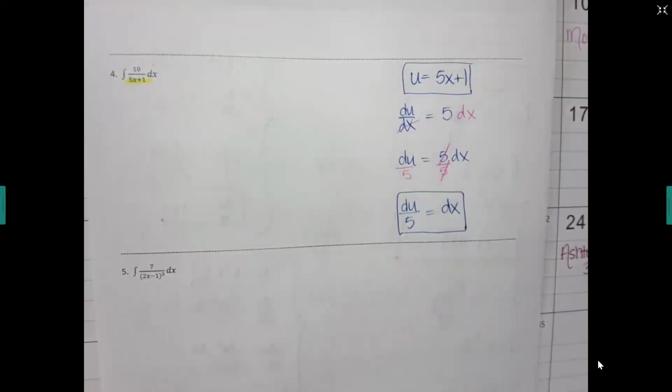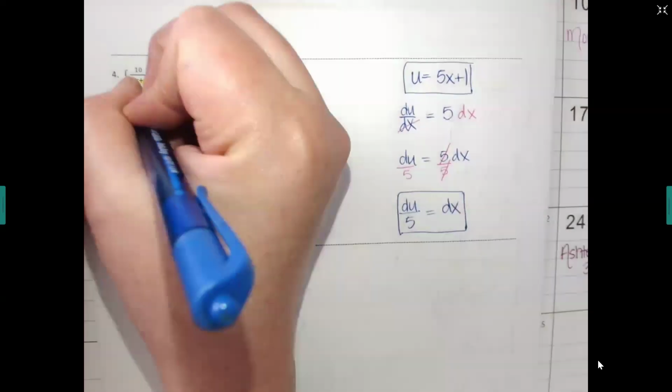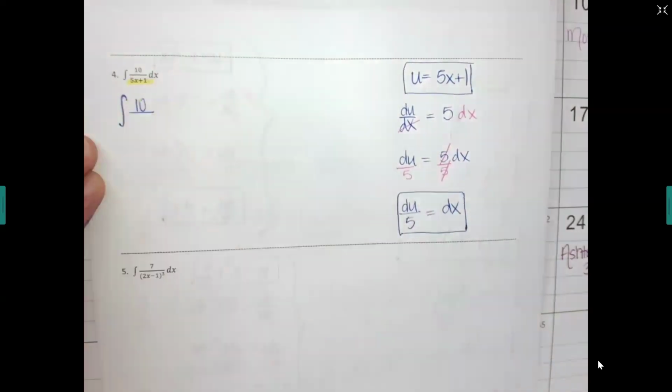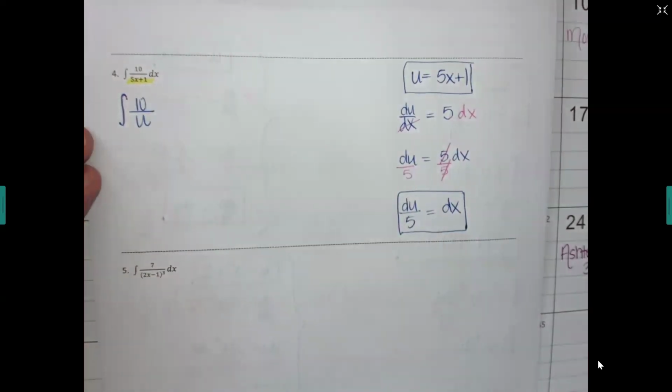Okay, let me give you a second. Rewrite your integral. You should have no more x's when you sub those. So I had a 10 over 5x plus 1. What is it going to say now? 10 over u.